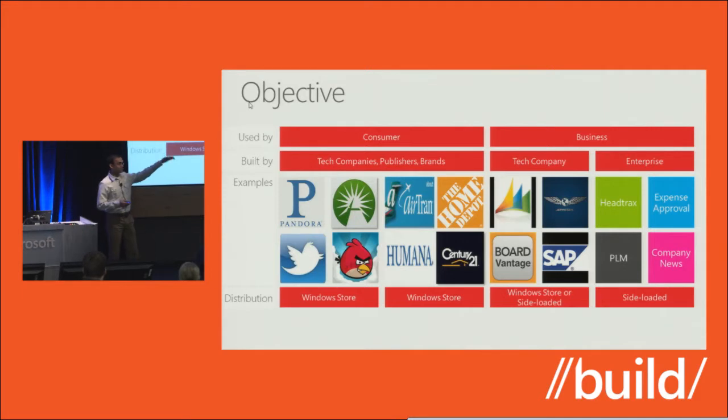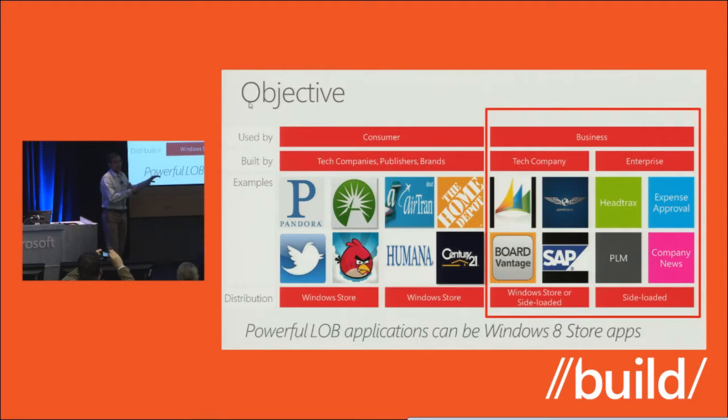And then there is the business applications or the line of business applications that will be used by your employees for the business purposes within the organization. And that's my focus today, to talk about these business applications, and the objective is to demonstrate that powerful line of business applications can be Windows Store apps.